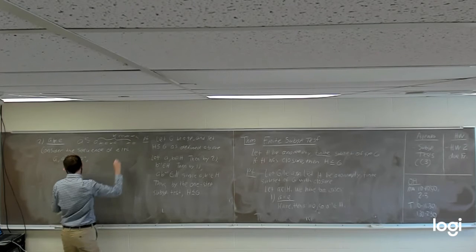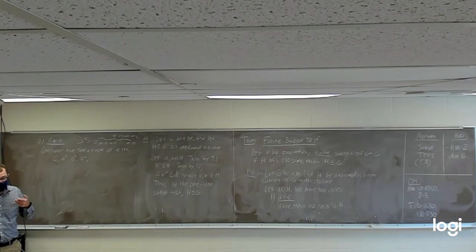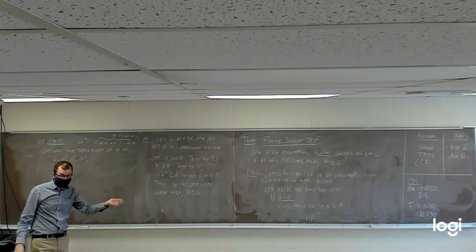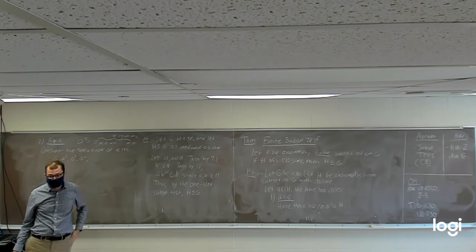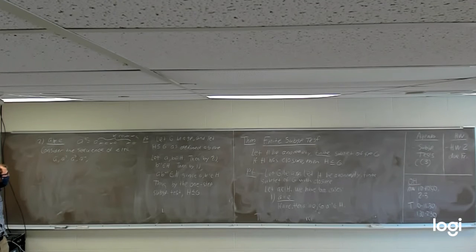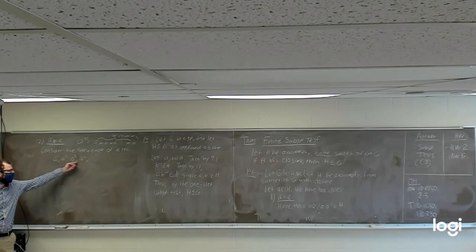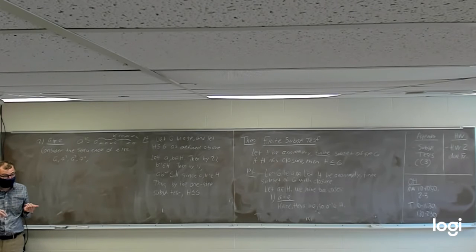So in other words, we're considering a sequence of elements A star A, A star A star A, A star A star A star A, and so on. We assumed that H has closure. That's the only thing we assumed at the start. Using the fact that H has closure, what can we say about all these elements?